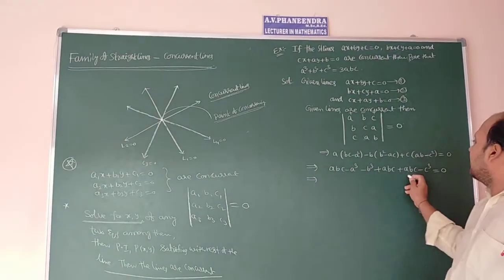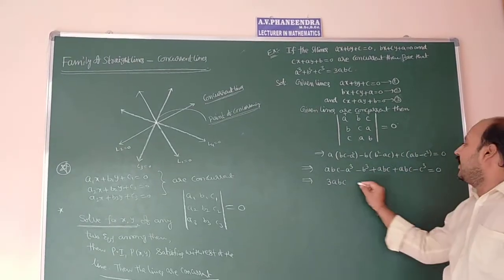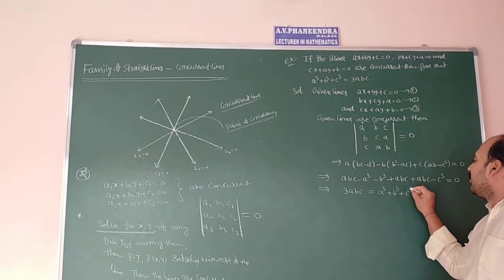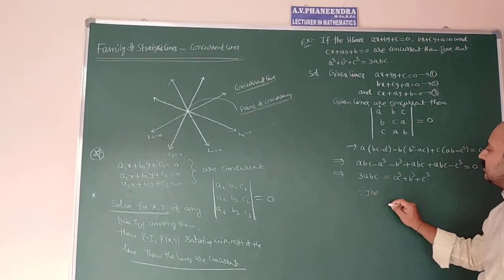ABC plus ABC plus ABC, 3ABC, all minus values we take this side, A cube plus B cube plus C cube. Therefore, the lines are concurrent.